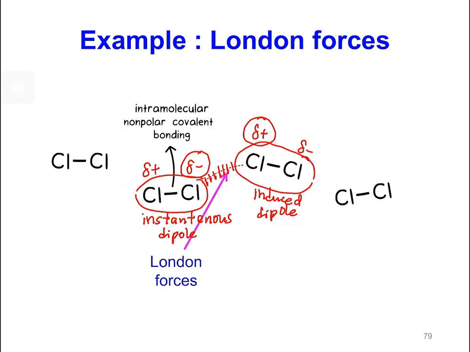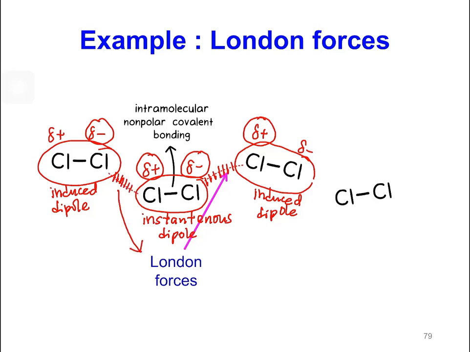The same sequence of events may also occur to the first chlorine molecule if it gets closer to the instantaneous dipole molecule. The first molecule will be induced to form a dipole or polar molecule, and the partial negative end of the induced dipole molecule will be attracted to the partial positive end of the instantaneous dipole molecule, forming London forces.